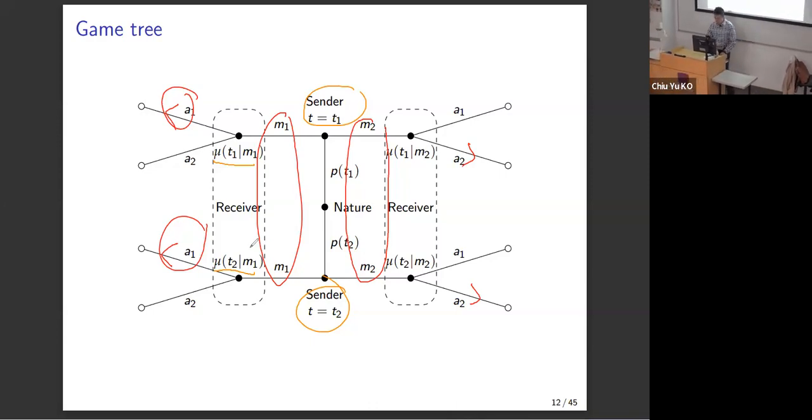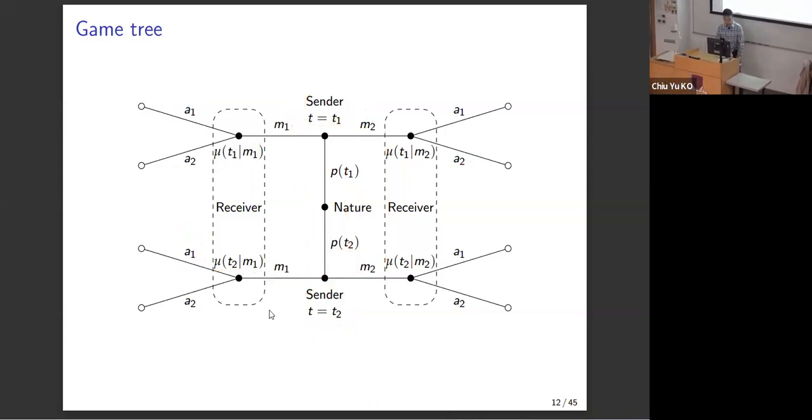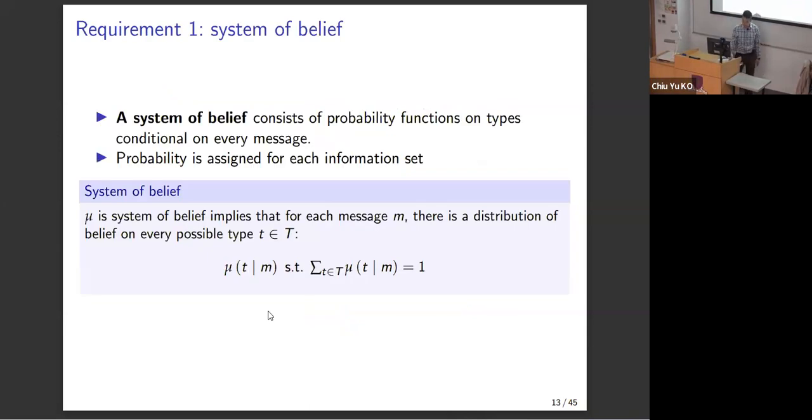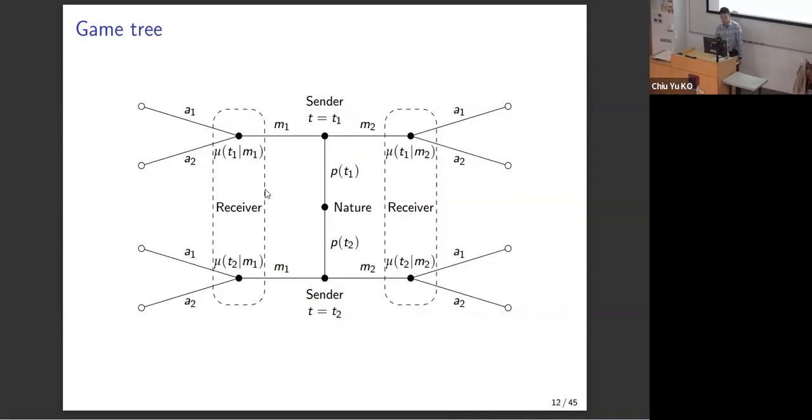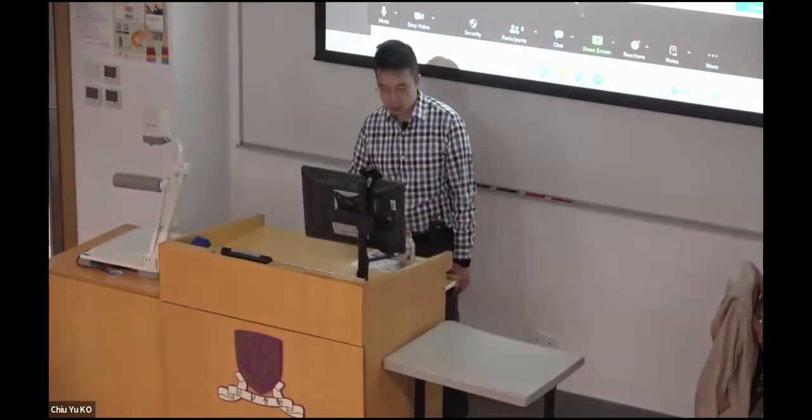So let's look at a more elaborated one. First is called the system of belief. The system of belief requires that, oh sorry, I typed the wrong thing.